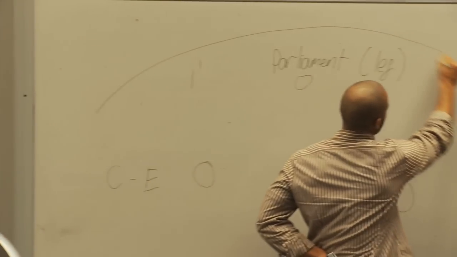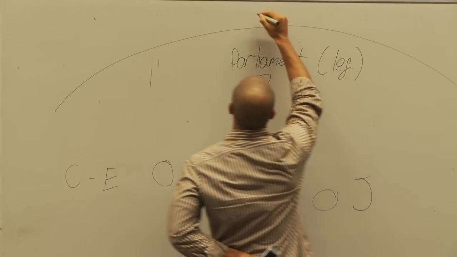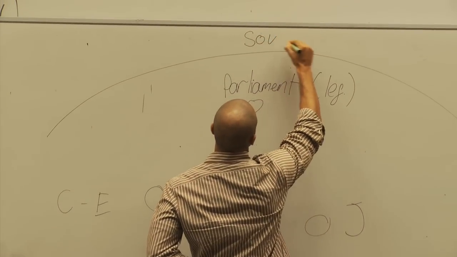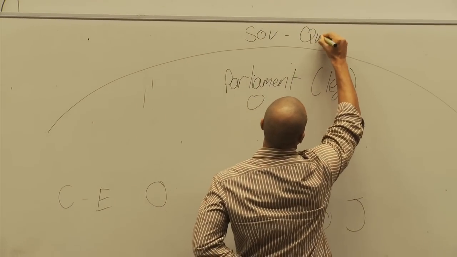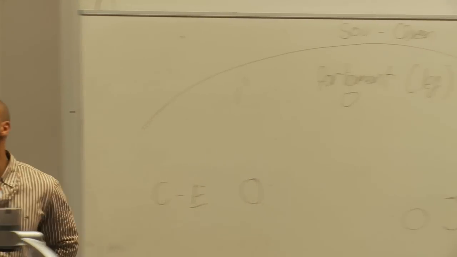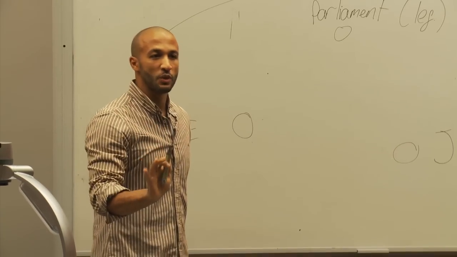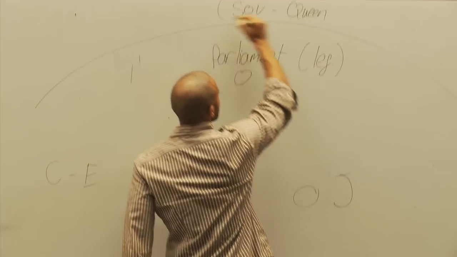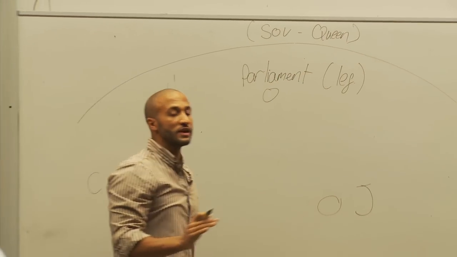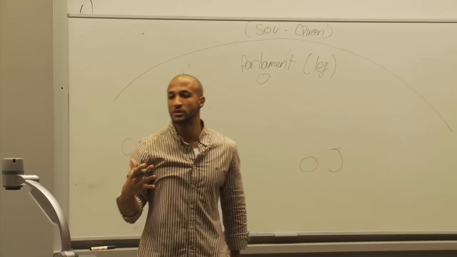Overriding all of this is the sovereign. This is the Queen, and in New Zealand, via her representative, the Governor-General. In practice, once again, this is a purely ceremonial role.